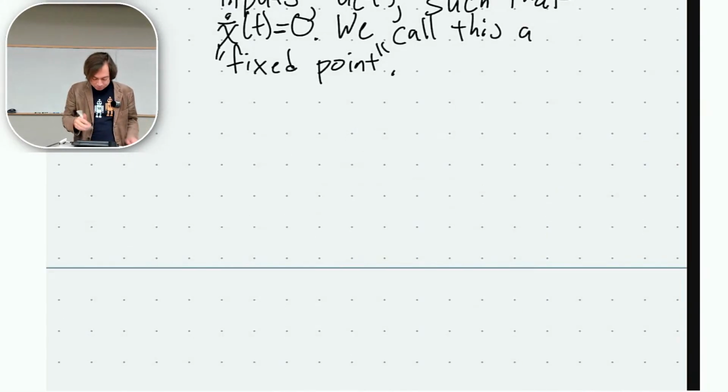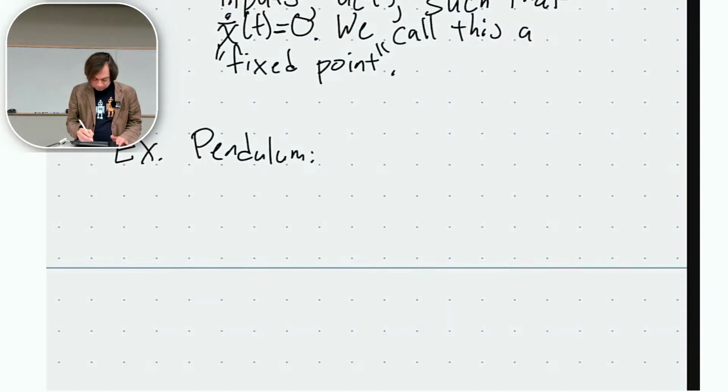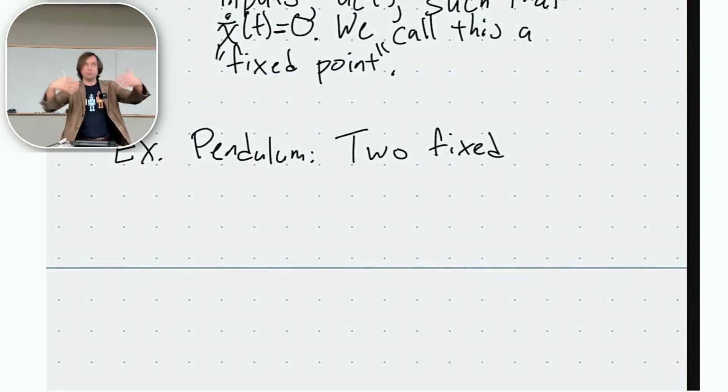So I'll show you an example. We'll just write this out as an example. For our pendulum, we have 2 fixed points. We know this intuitively from the fact that we have seen a pendulum, or if you haven't, I've yelled at you about it enough times you can imagine it in your heads. Down and up, 2 fixed points.